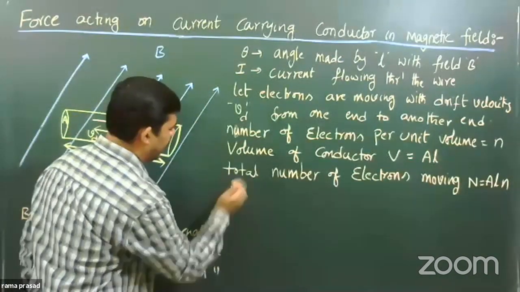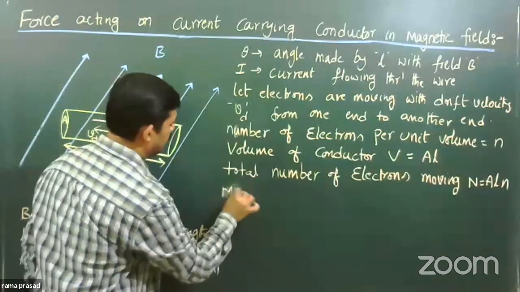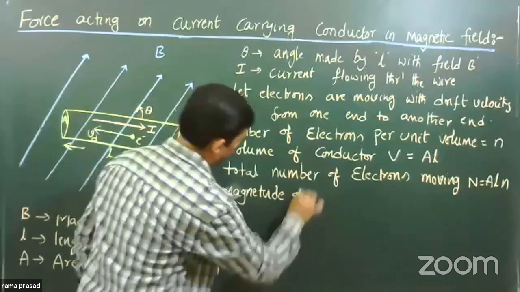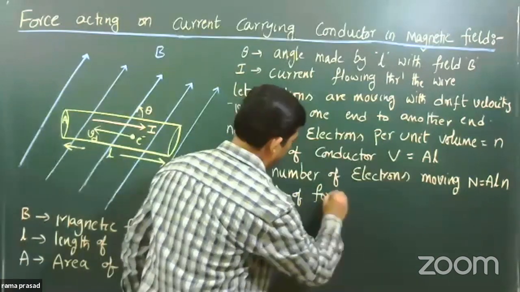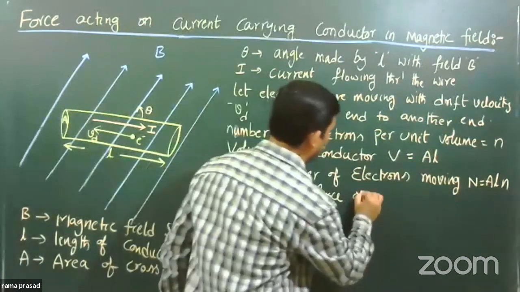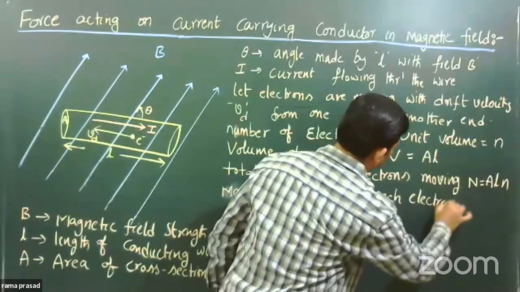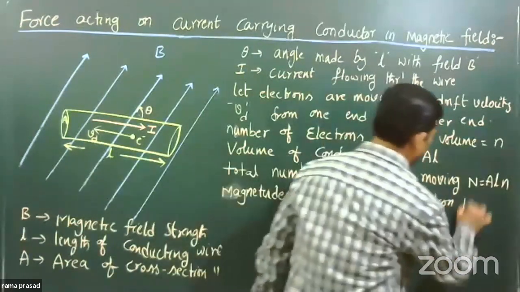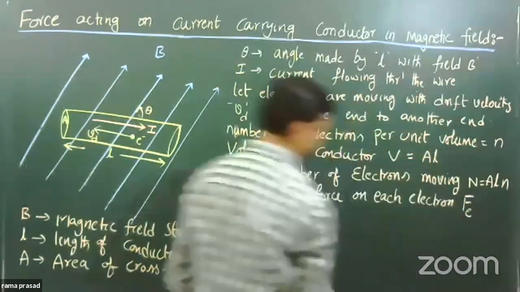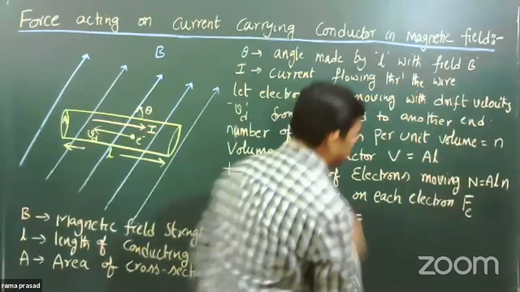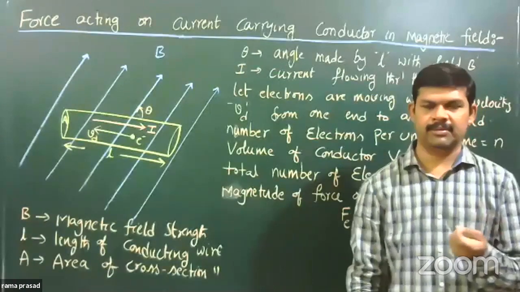What is the magnitude of force on each electron, Fe? What is the formula? Electron is a charge.